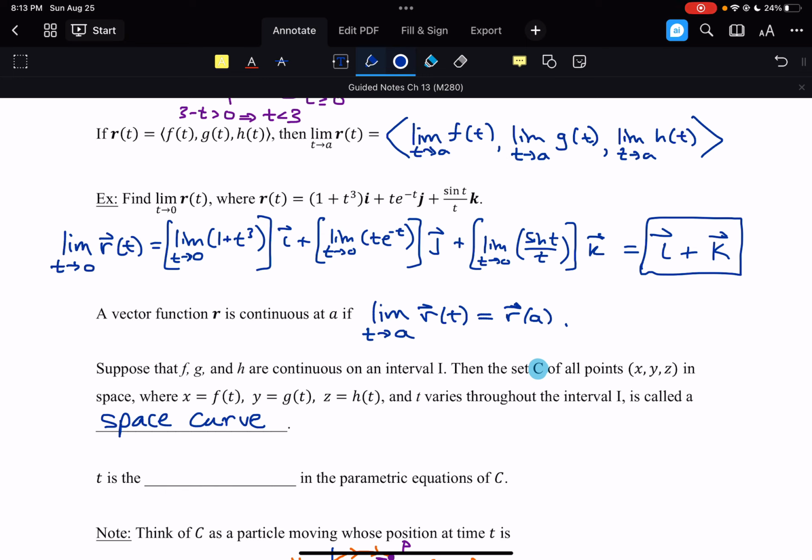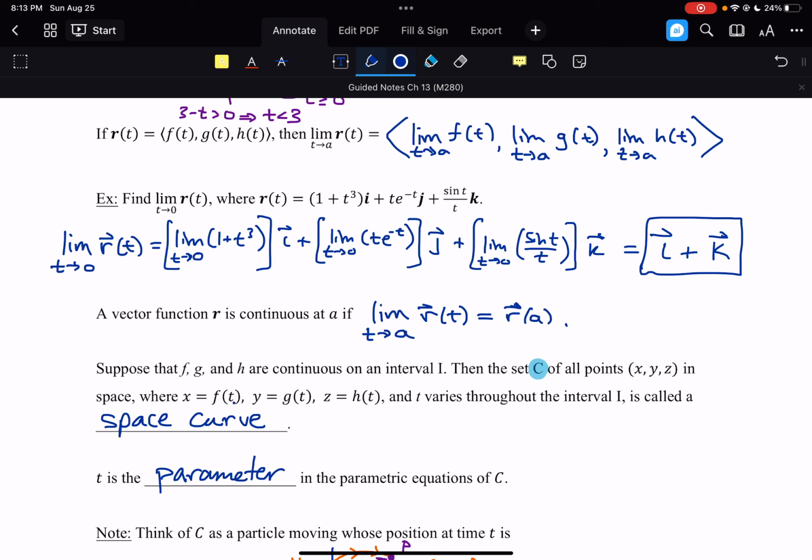And t is the parameter in the parametric equations of C.